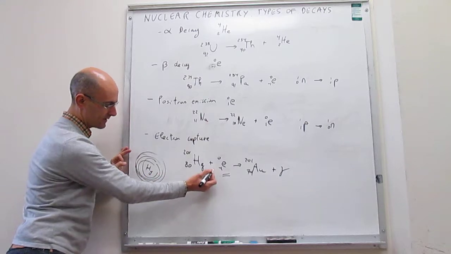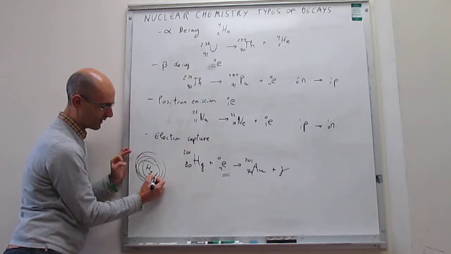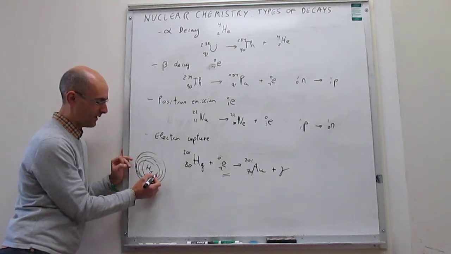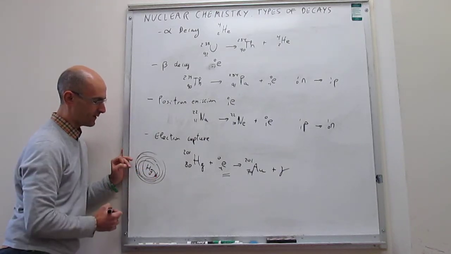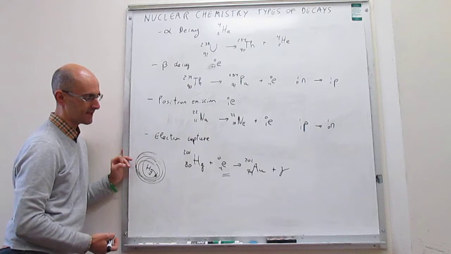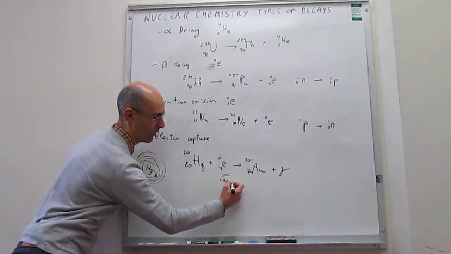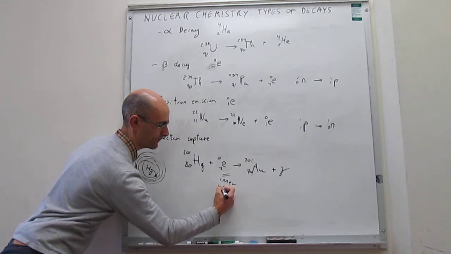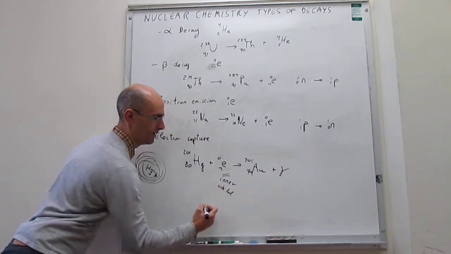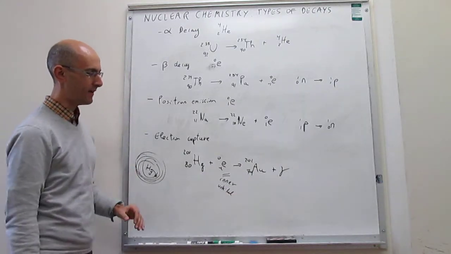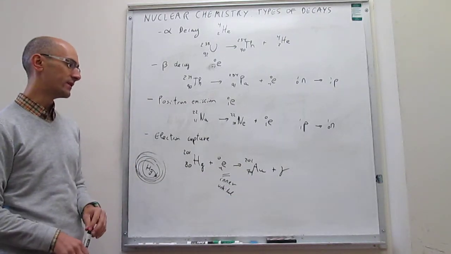So it turns out that this electron usually is from an inner orbital, so maybe a 1s orbital, 2s, those types, that gets absorbed by the nucleus, and that's where the nuclear process takes place. Again, this is what we call an inner orbital electron. And again, this usually is accompanied by the emission of high frequency, high energy radiation.